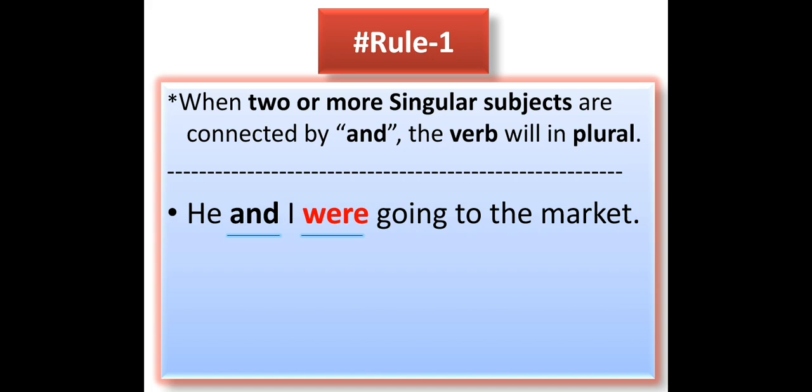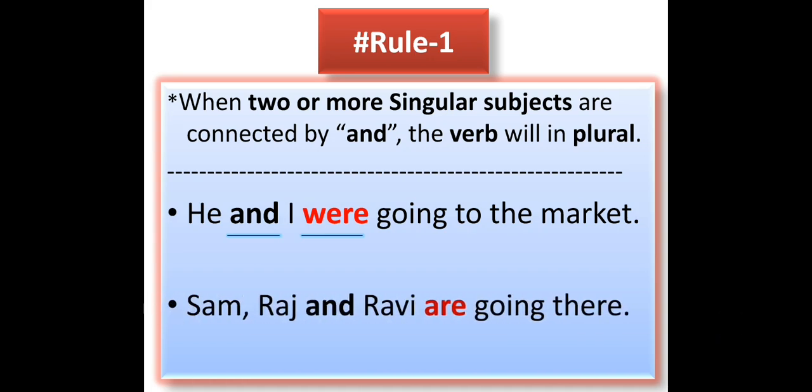That's why the verb is not was. It is were, which is plural. So, he and I were going to the market. This is the correct sentence. If I say he and I was going to the market, this will be incorrect. Okay, you got it? Two singular subjects connected by and, the verb is plural.